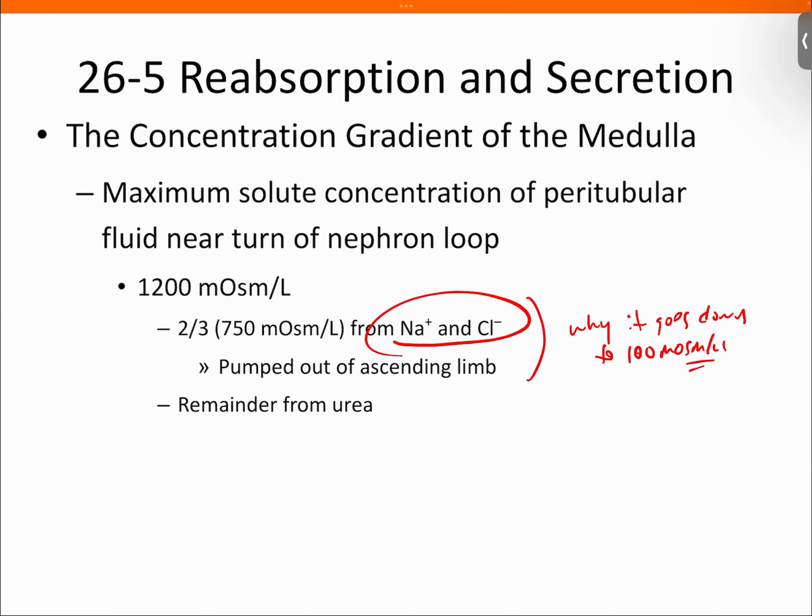The remainder of that pressure, so it's 1/3 of it is sodium chloride and the rest of it is urea. Okay. So what they're talking about is what the components of milliosmole per liter are at the distal convoluted tubule, what's causing that.